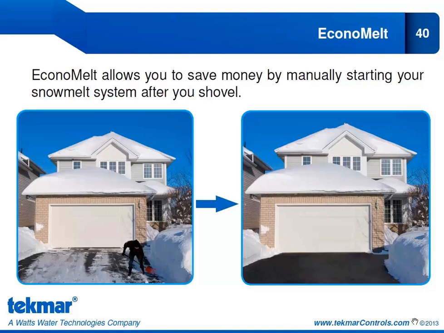So it gives you that option to have the automatic operation, or maybe there are times when, you know what, you are more conscious of your operational costs in your snowmelt system and you want to reduce those costs by shoveling first and then using the snowmelt system simply to remove that thin layer of snow or ice that remains on the driveway after a shovel.